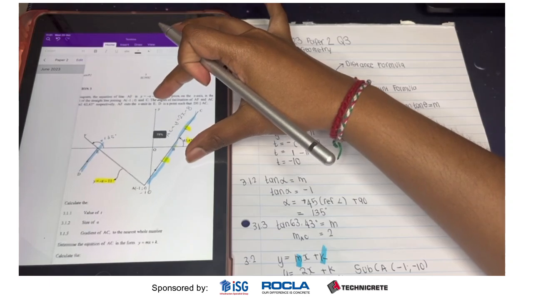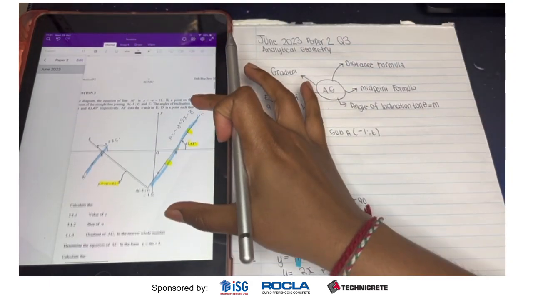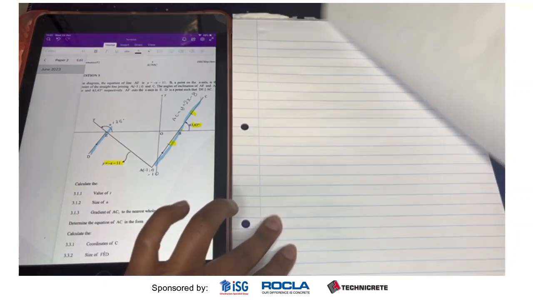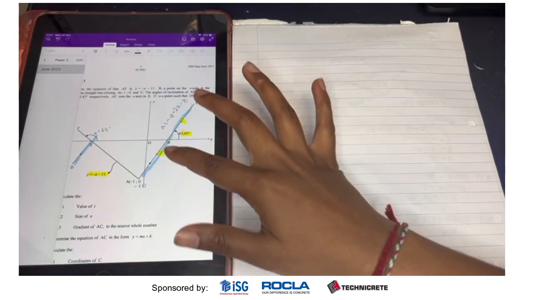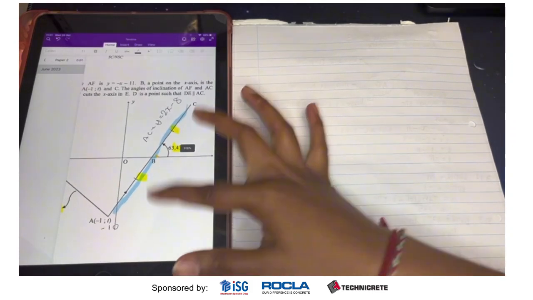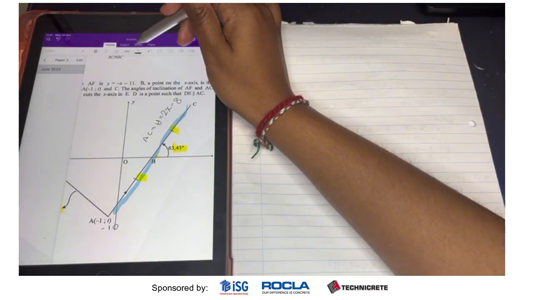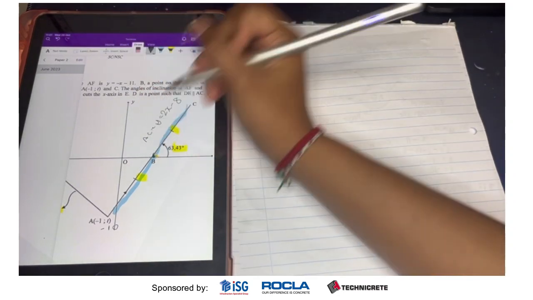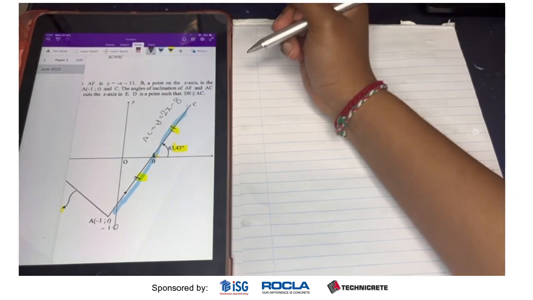Okay, there we go. Our next question says calculate the coordinates of C. Okay, so looking here, let's go back. We've been given our points for A. We have been given that B is the midpoint of this line. We know that this is equal to this, okay?